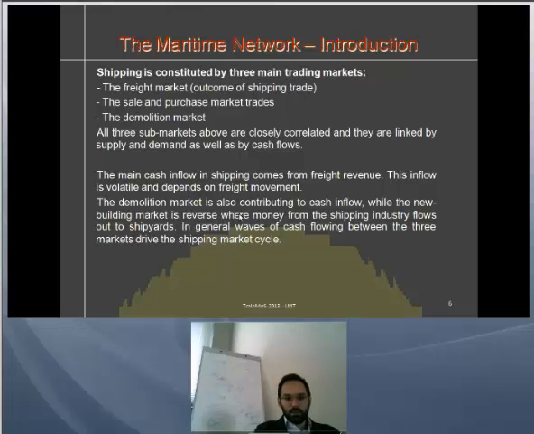And while the new building market is doing the reverse, money is leaving the shipping market and going to shipyards. So these three sub-markets, and actually the contribution of cash flow between them, actually constitute the shipping market cycles.